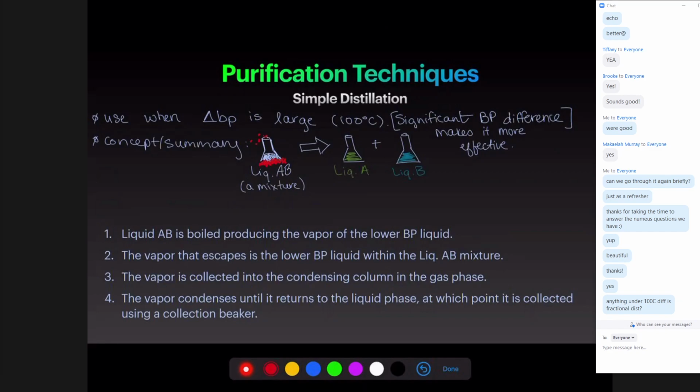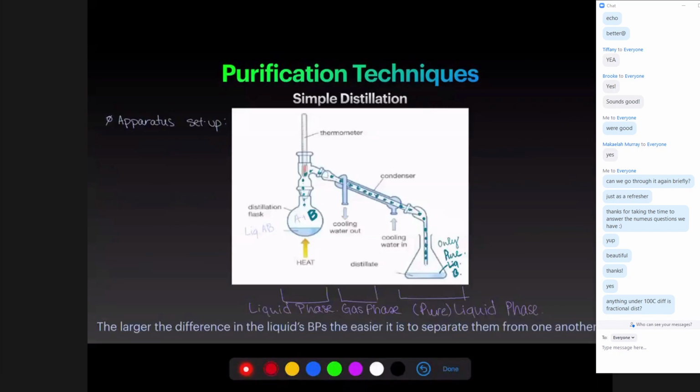The vapor is collected into the condensing column in the gas phase, and the vapor condenses until it returns to the liquid phase, at which point it is collected using a collection beaker. And I have an example of this that follows, so we'll go on to that. The apparatus setup. So here we have the liquid phase.